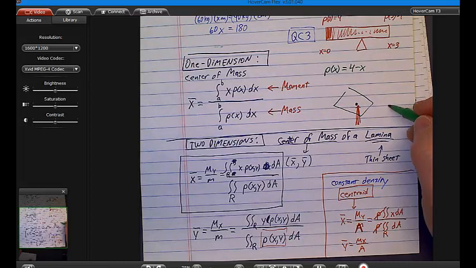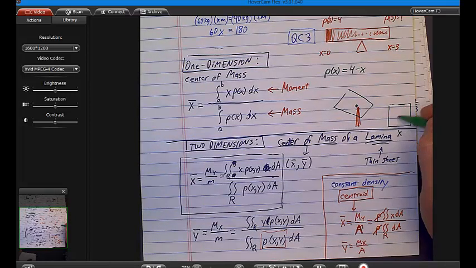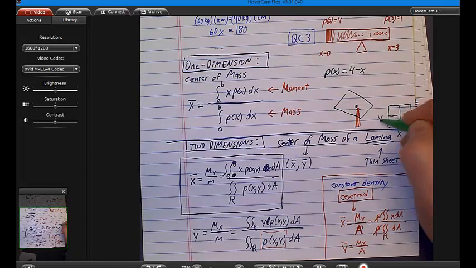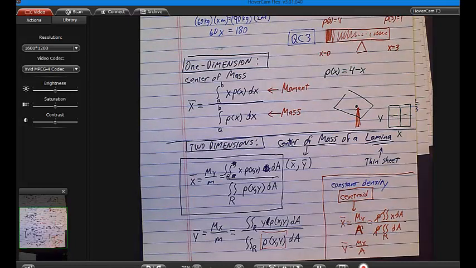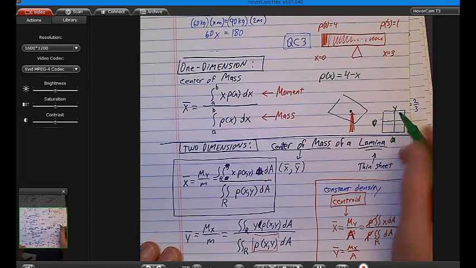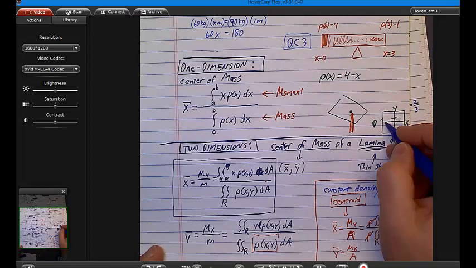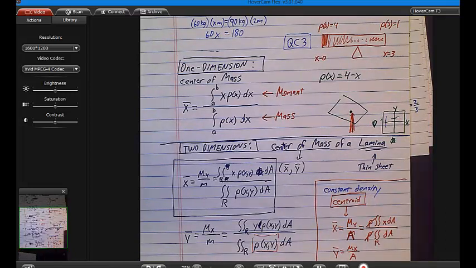If you just look at the sheet very carefully, this is the x-axis and this is the y-axis. As I'm measuring across the y-axis, I want the distance to the y-axis, that's x, or the distance to the x-axis, that's y. It's almost like having 2 separate teeter-totter problems because you have these 2 axes that are perpendicular to each other.